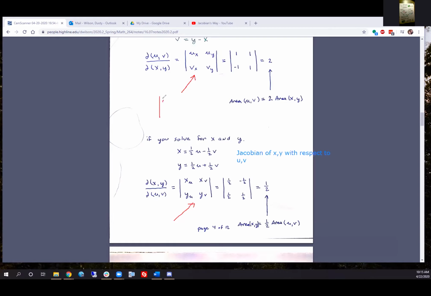So if we did ux and uy and vx and vy, it would work the same way. Furthermore, if you swapped your u's and v's, it would work, although we have to add one more thing to this concept in order for it to work.